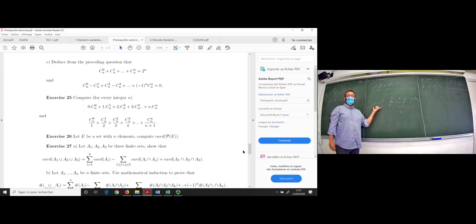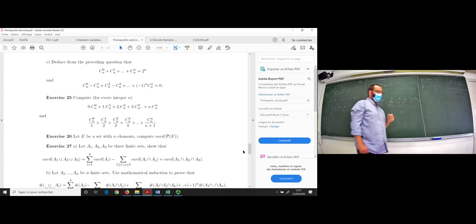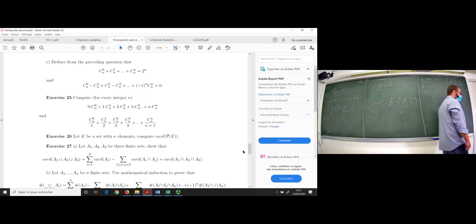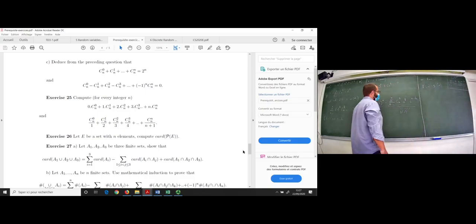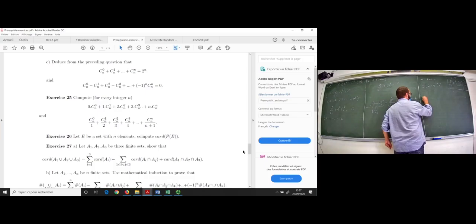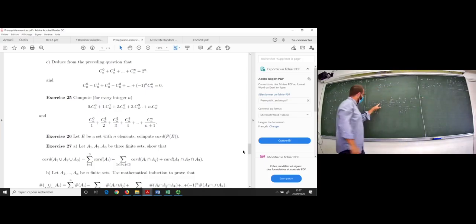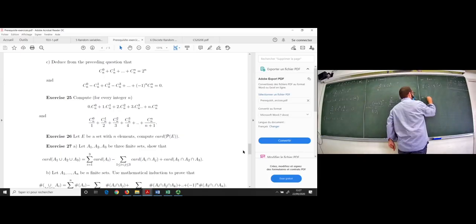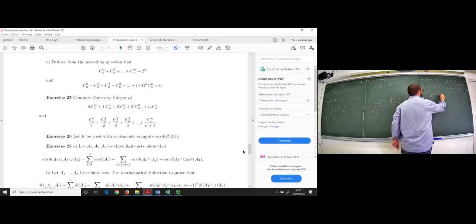What is the derivative of this one? So a is my variable, b is considered as a constant. So I have something of the form u to the power n. The derivative of u to the power n is equal to n u prime u to the power n minus 1. So the derivative of f is just n, times the derivative of what I have inside, that is equal to 1, and so I have a plus b to the power n minus 1.